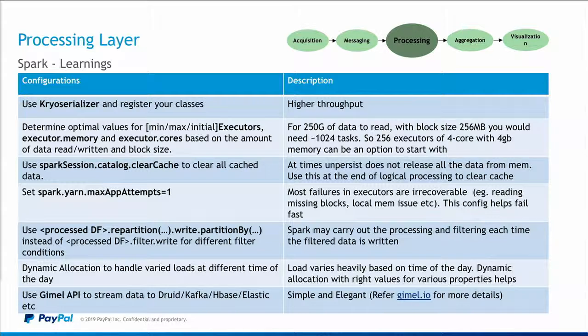It needs to understand which topic to write, where the broker details are, the zookeeper details, but everything is actually hidden under the hood, and that makes it even more simple and elegant. Gimel is again something that's open source by PayPal. You can refer to gimel.io for further details.